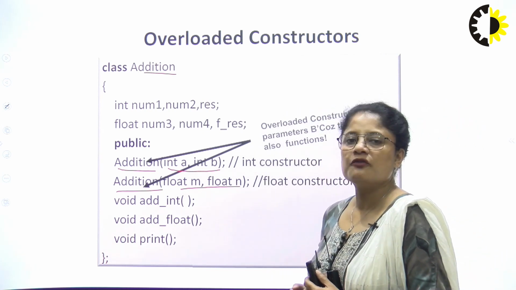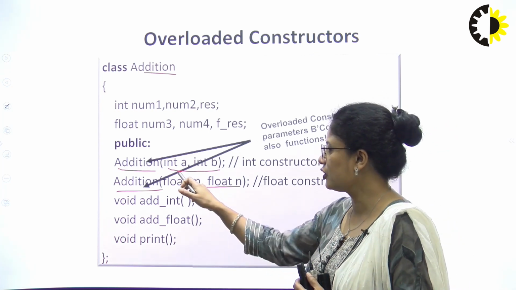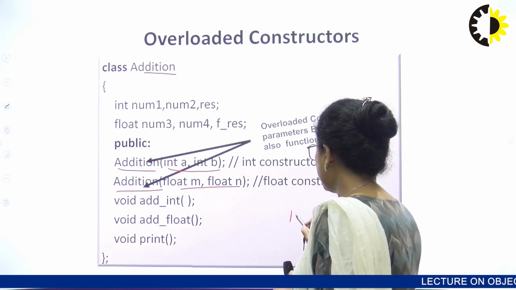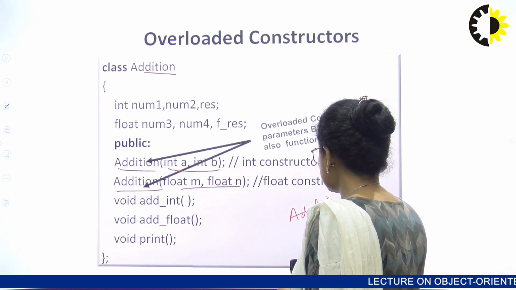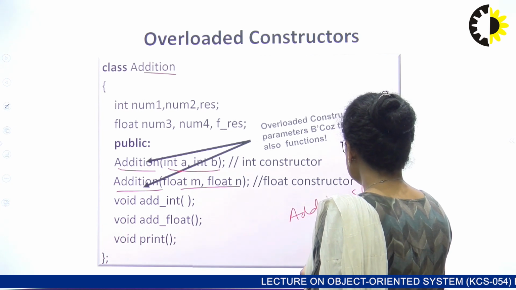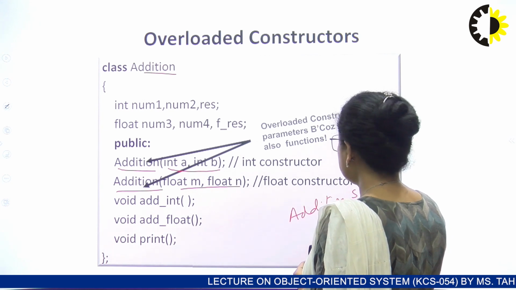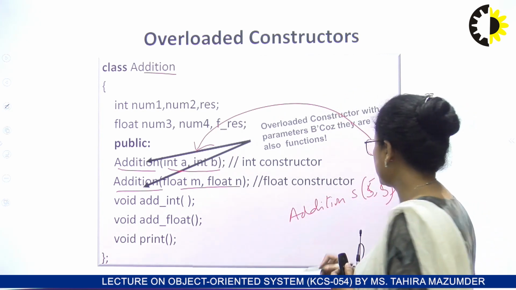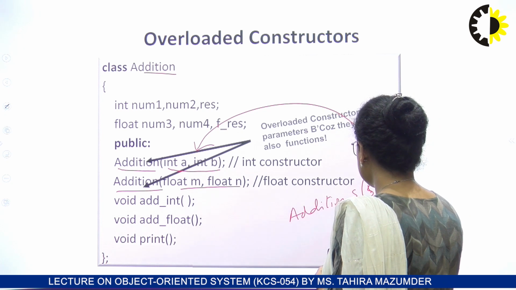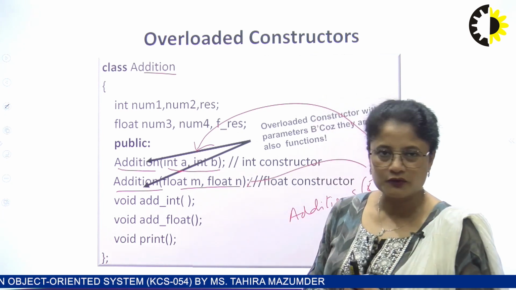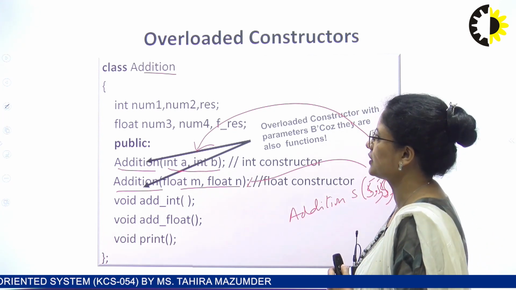So based on the kind of parameters we pass when creating an object, for example an object of class addition with 5, 5, we are passing integers, so the first constructor will be called. Now, if you are passing 5.5, 5.5, for example, we are passing floating point data, so the second constructor will be called.